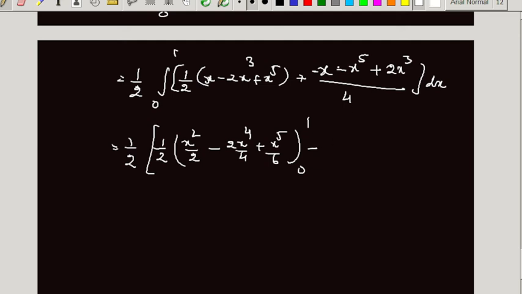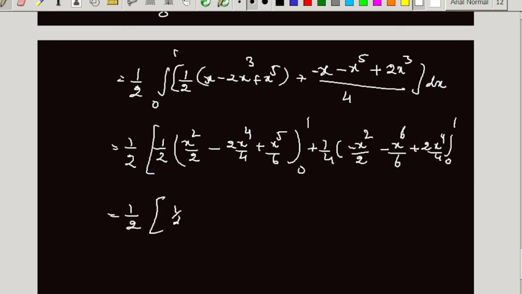Similarly, 1 by 4 is taken common. Minus x becomes minus x square by 2 by integrating, minus x power 5 becomes x power 6 by 6, plus 2 times x power 3 becomes x power 4 by 4. Limit is 0 to 1. So apply the upper limit, x becomes 1.